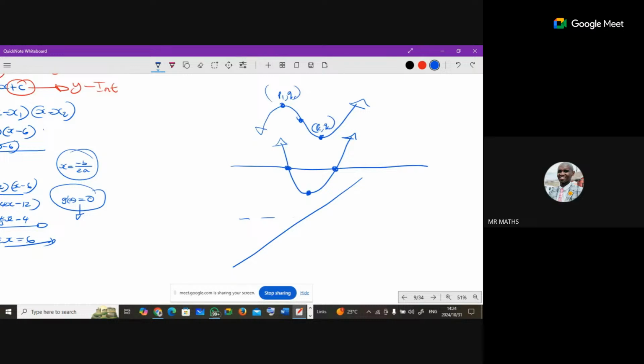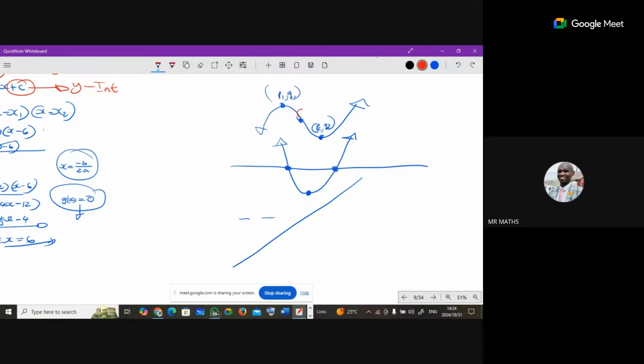Why am I saying that? Because they are the turning points. So we have the first turning point and the second turning point. Then we have a point of inflection.